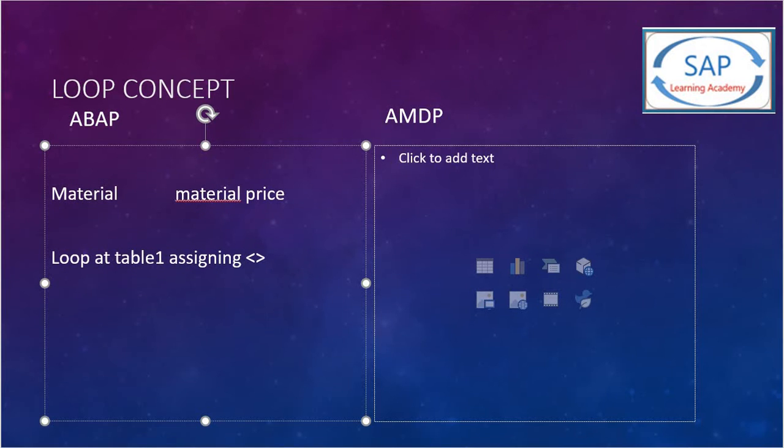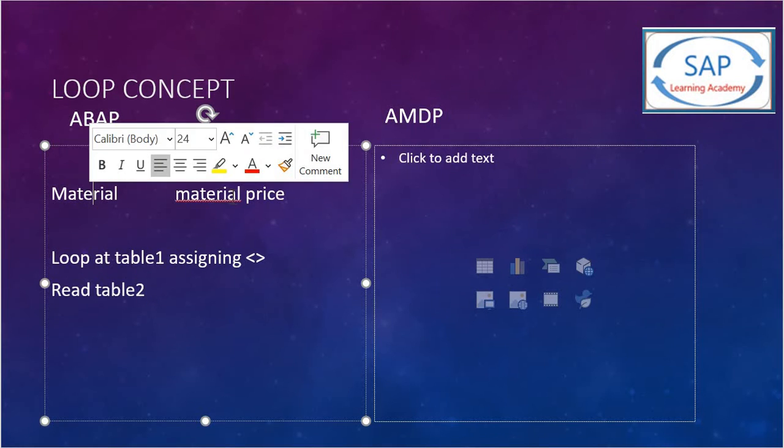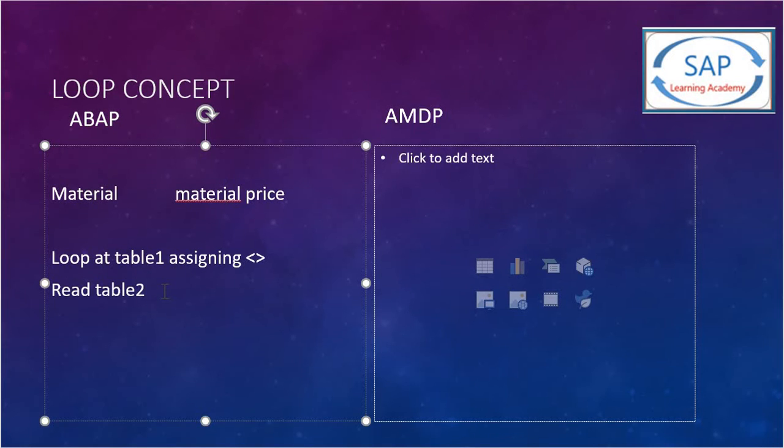And then you have to do read table. You have to read the other table. Suppose your next table name is table 2, and the column that you will be matching is the material.